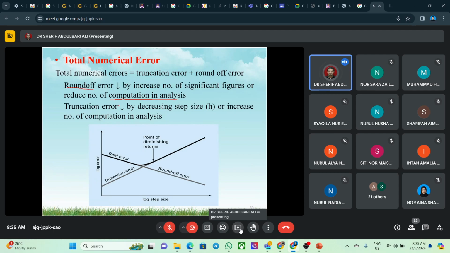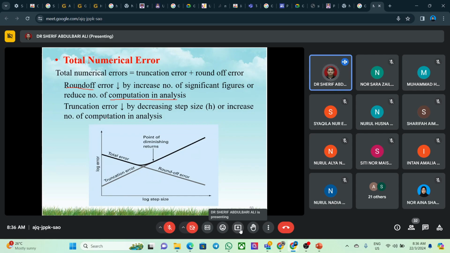But to reduce the truncation error, you need to decrease the step size, same as the example we have done just now, from 0.5 to 0.25. When you reduce the step size, it reduces the error. So truncation error will be reduced by decreasing the step size, or by increasing the number of calculations. As we see, if you add more terms from the Taylor series, the more you reduce the error.